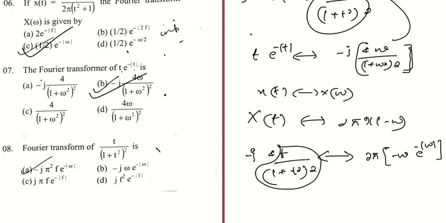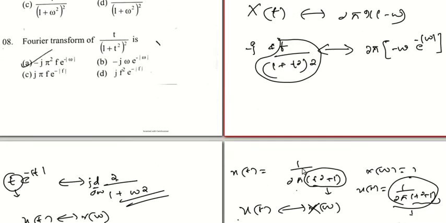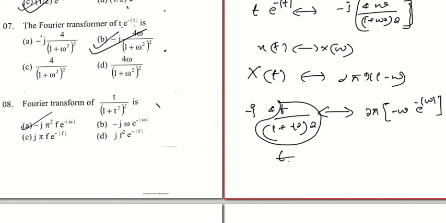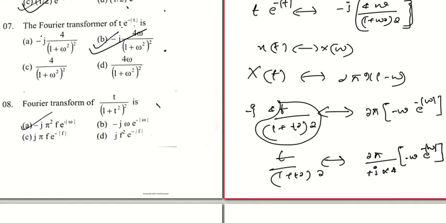We will get t divided by 1 plus t square the whole square equal to 2 pi divided by minus j into 4, minus omega e raised to minus modulus of omega.